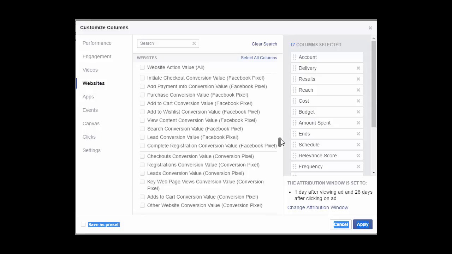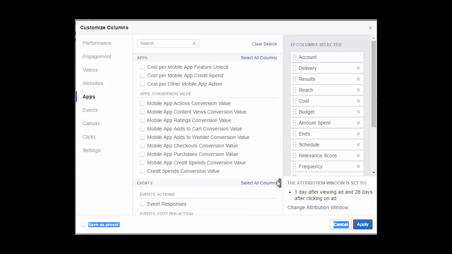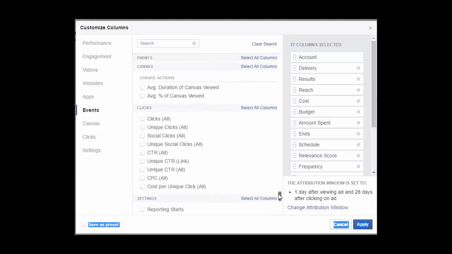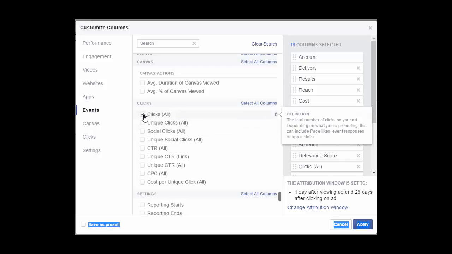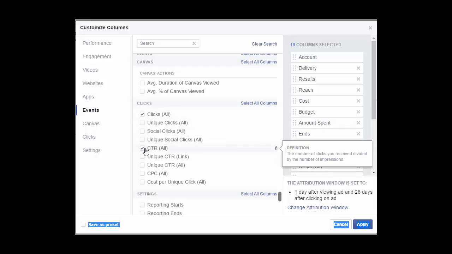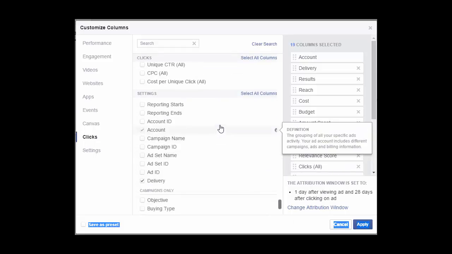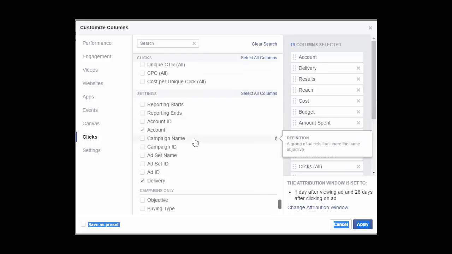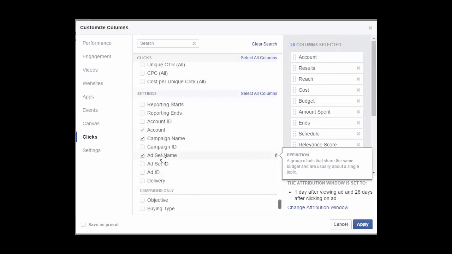And then next, in clicks, right here, down here, make sure you check clicks and click-through rate. And finally, in settings, check the campaign name and ad set name. Okay, campaign name and ad set name.